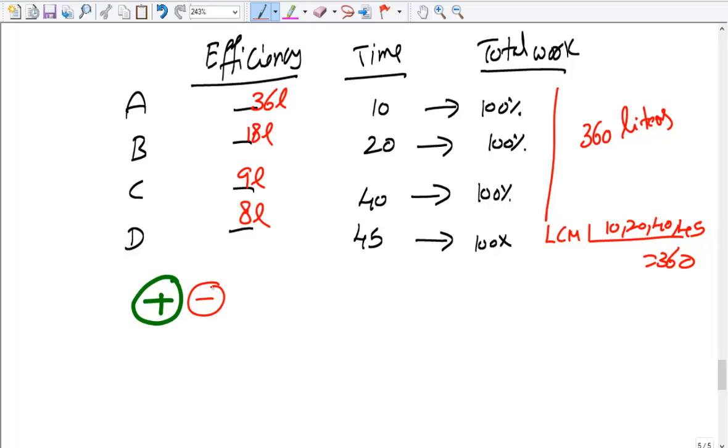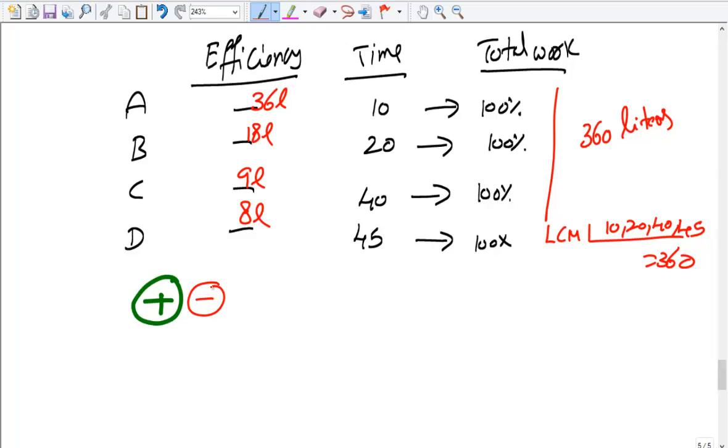The filling pipe capacity must be more than the pipe which is taking out the water. So if we take A, then the other pipe must be an outlet. Let's see AB.